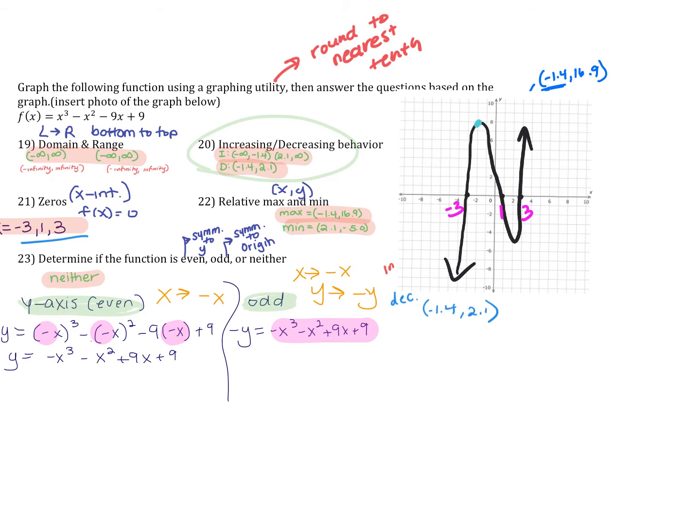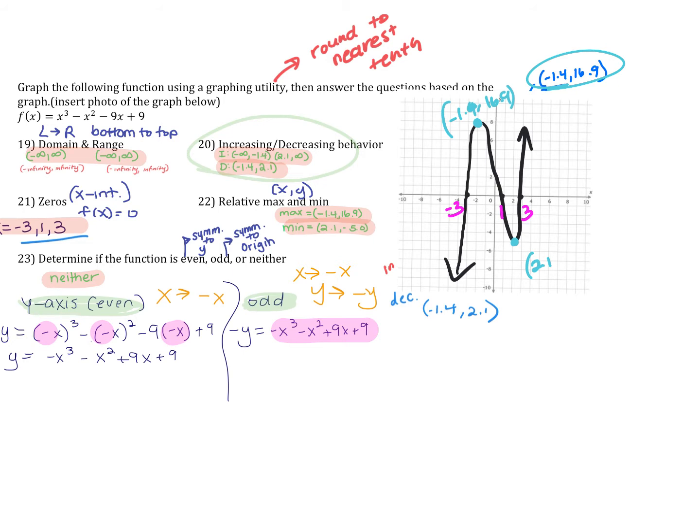Then I would find my max, which I don't even remember what that was, like -1.6. I don't remember what it was. Whatever that number is. -1.4. Here, it's right here. And 16.9. And I would label my min. No, that's 2.1.